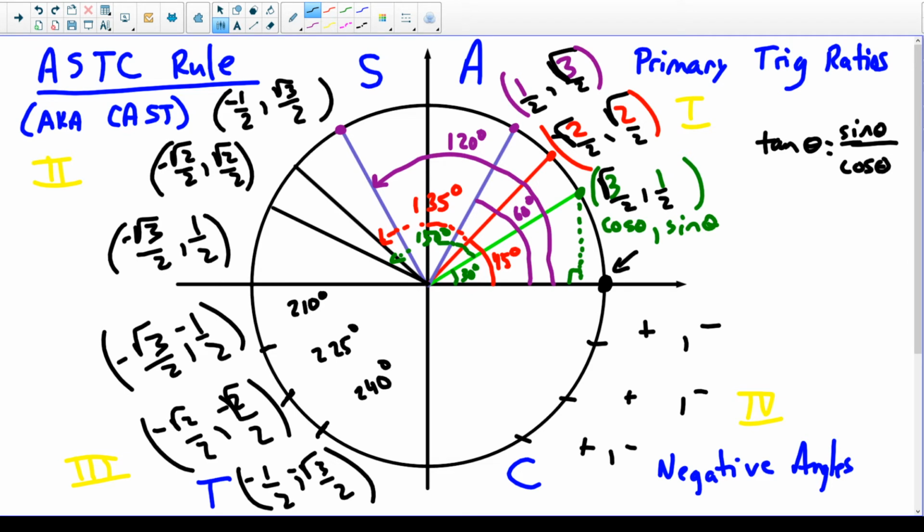This is a radius 1 circle. What is the x and y coordinate of that point?